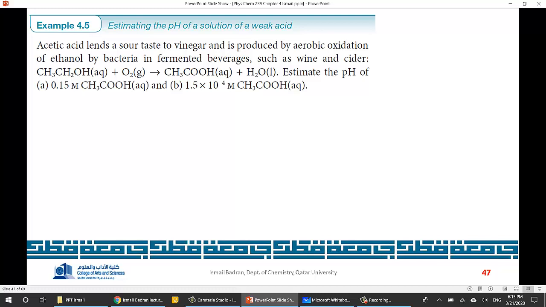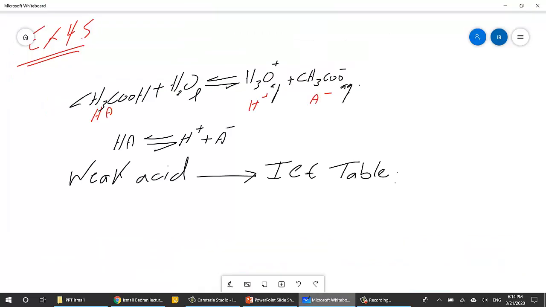Acetic acid lends the sour taste of vinegar and is produced by aerobic oxidation of ethanol by bacteria in fermented beverages. So usually we prepare acetic acid from ethanol. And this question says, estimate the pH of 0.15 molar CH3COOH, which is acetic acid, and also 1.5 times 10 to the minus 4 molar acetic acid.